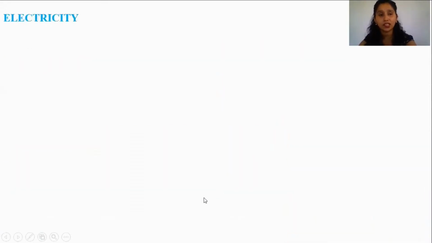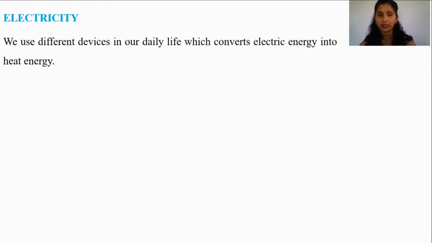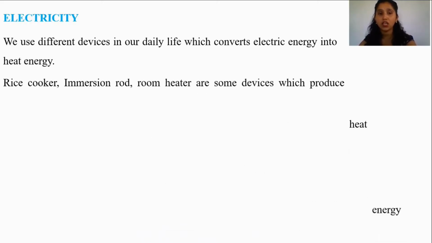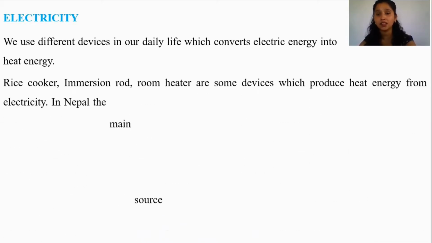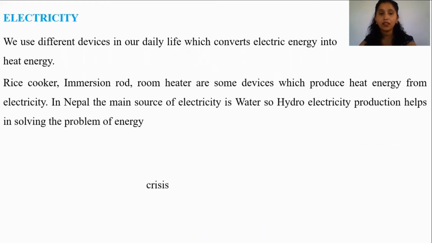Next is electricity. Electricity is also one of the important sources of heat energy. We use different devices in our daily life which convert electric energy into heat energy. Rice cooker, immersion rod, and room heater are some devices which produce heat energy from electricity. In Nepal, the main source of electricity is water.